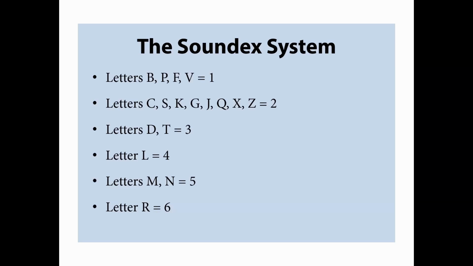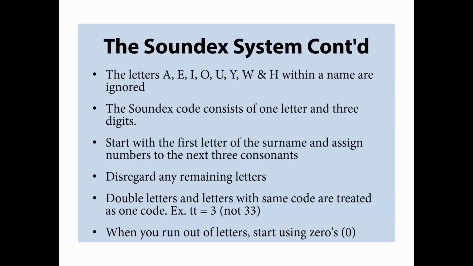And you'll notice that different letters, they're mostly focused on the consonants. And that is because the vowels, A, E, I, O, and U, and also the letters Y, W, and H are actually ignored as part of that Soundex code.